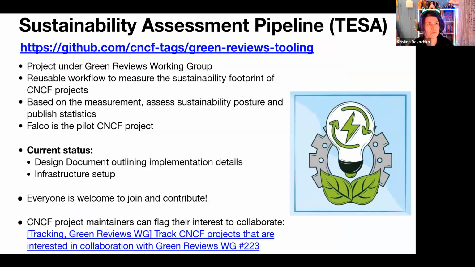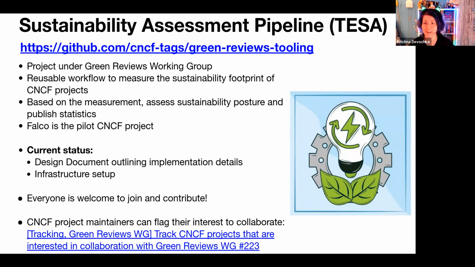And there are different projects that we have in the TAG, and not all of them necessarily are about code. So to bring up just a few of the active projects that we are working on, the first of them is the project that is under the Green Reviews working group, which I mentioned earlier. And this is what we, for now, call TESA.